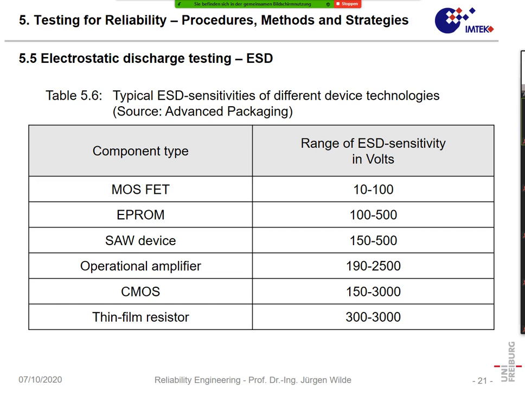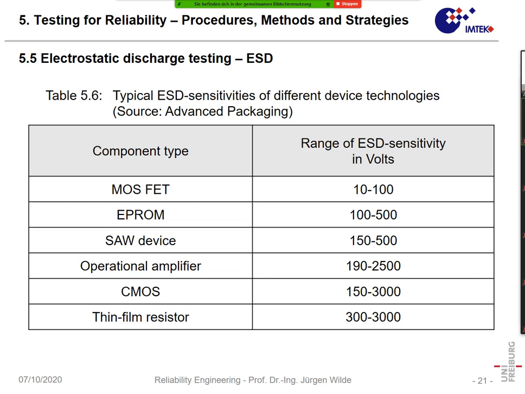And ESD is something like a high voltage discharge. Typically in ESD you can see something like a small electrical spark jumping, and you can sometimes even feel it when you touch a door handle or such a thing.